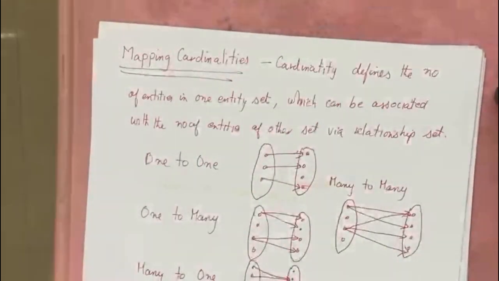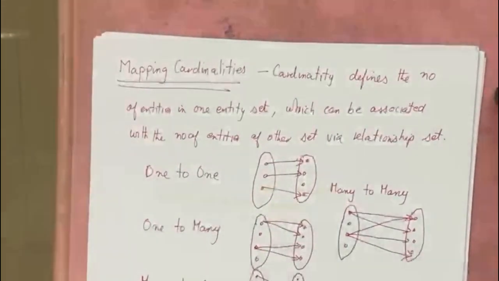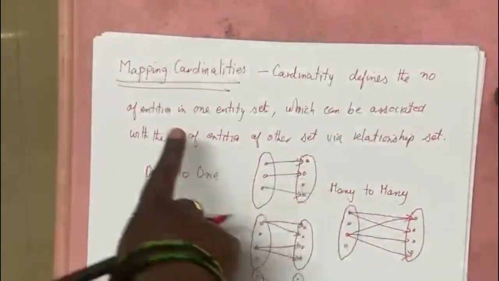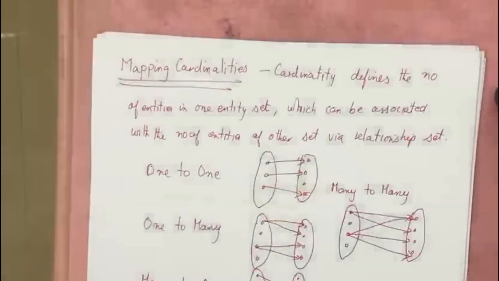The next one, if you see, is mapping cardinality. That is, these entities can have association, and the amount of relationships they have among them, we are going to represent it as cardinality. Example, a student can study only one course. That, if you see, is going to be many-to-one relationship, because many students can study the same course.